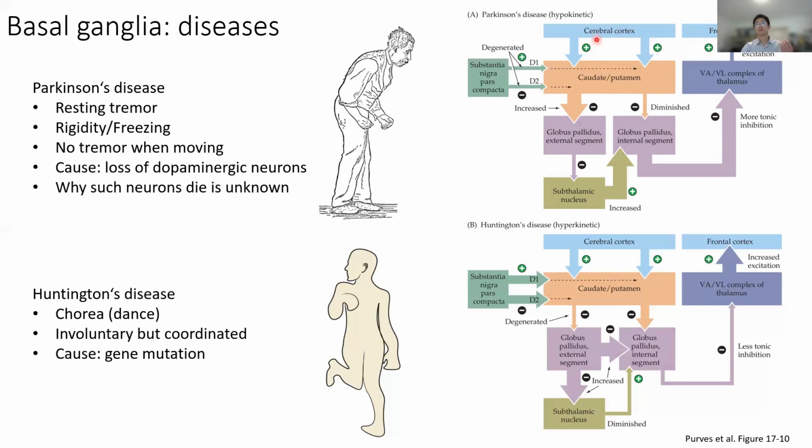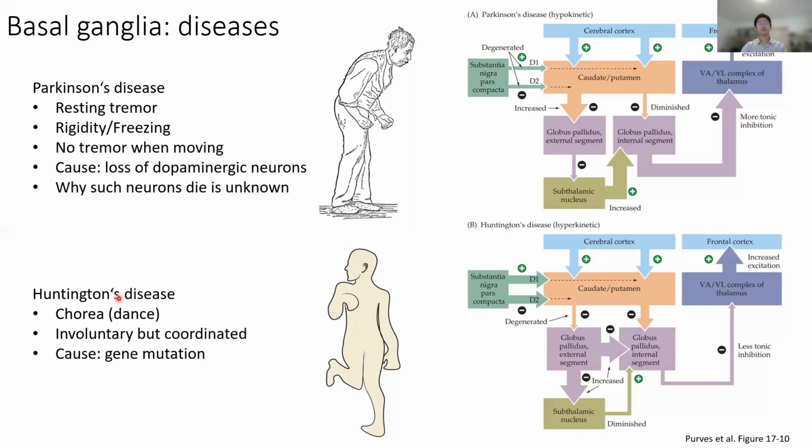And this command goes through the damaged basal ganglia and will send the inhibition back to the cortex to inhibit this command. And that's why we see these patients, once they want to move, they cannot move, because of this inhibition caused by the degeneration of dopamine neurons. Okay, I hope it's better explained with Parkinson's disease here with this scheme.